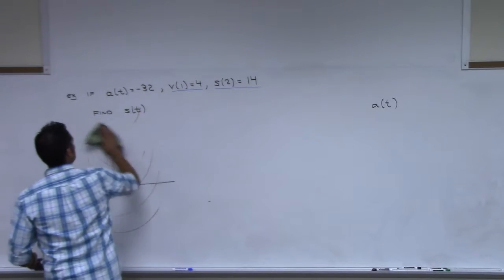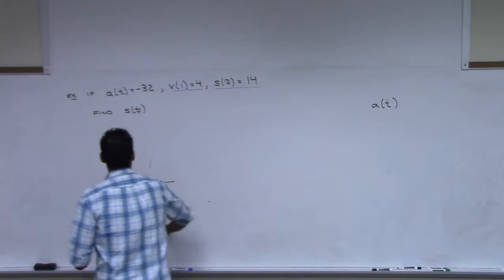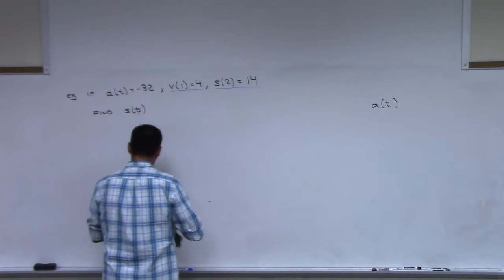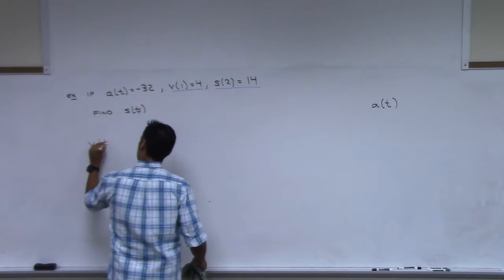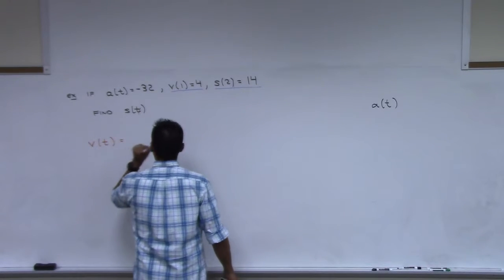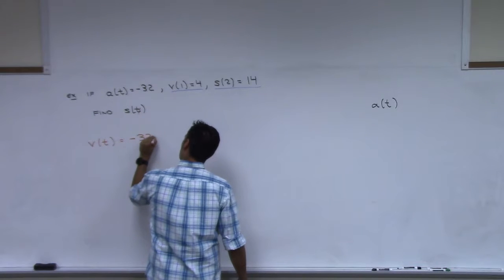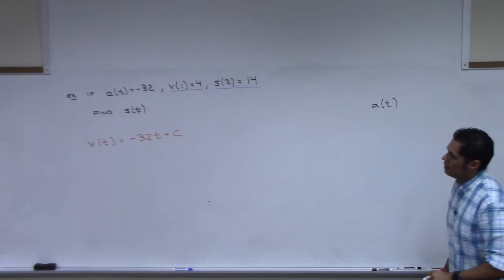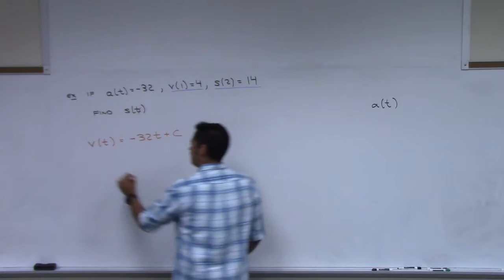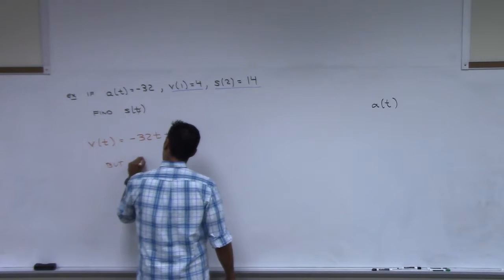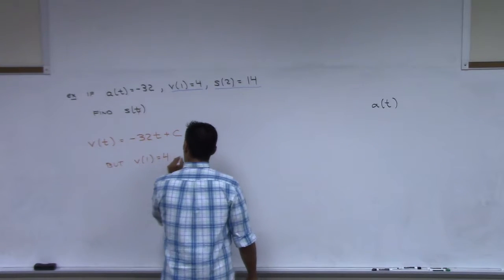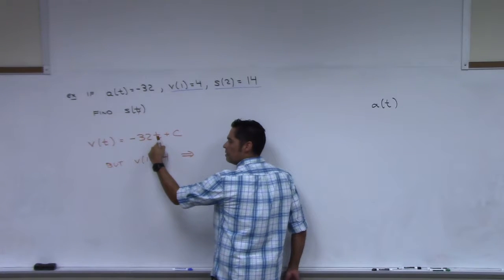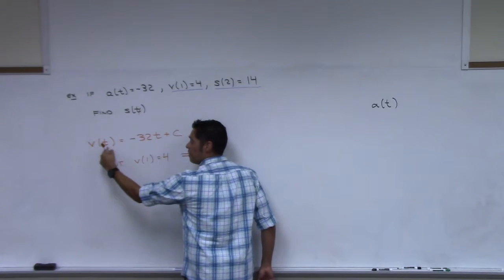So find S of t. So first thing I start with is I do V of t. I like this color. V of t is, we already said, negative 32t plus c, right? But V of 1 is 4, so that implies that when I plug 1 in for t, the function will spit out 4.